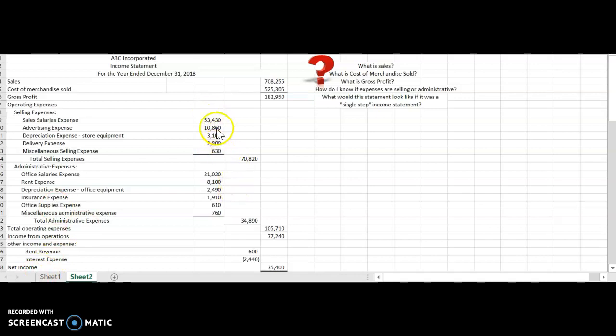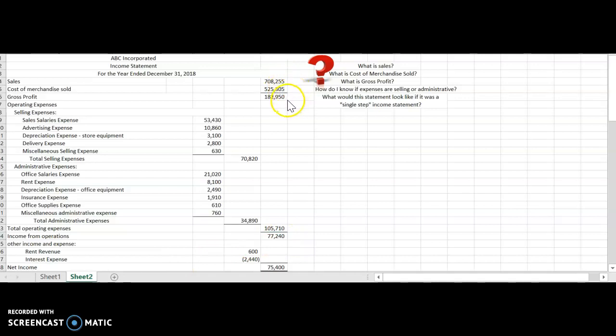Alright, so then we're going to add up our total selling expenses and add up our total administrative expenses and then total those two numbers. And that total will represent total operating expenses. And then we take gross profit minus total operating expenses, and that will give us income from operations.